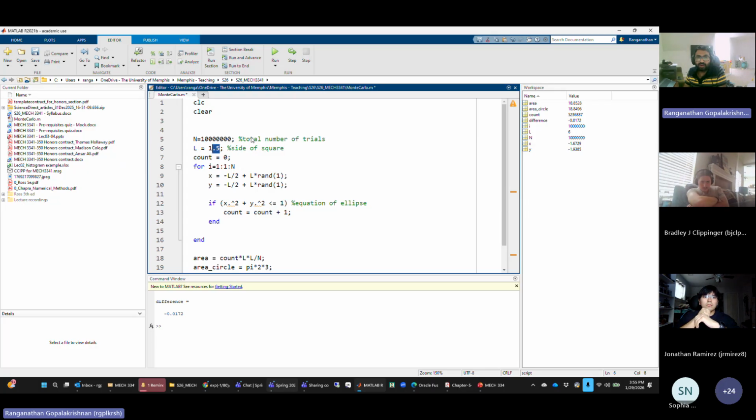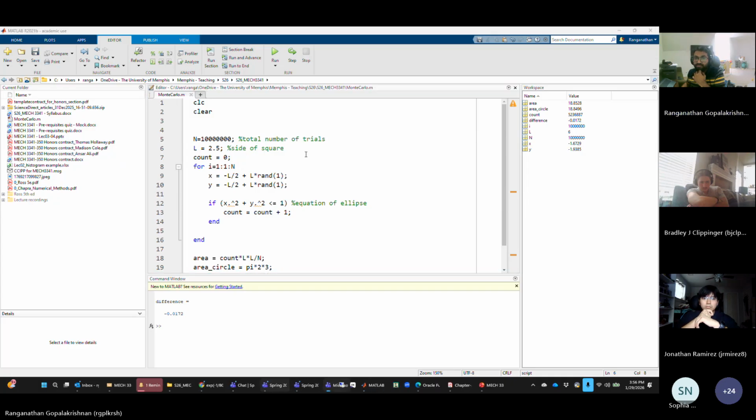Sorry, I should maybe draw a square of side 2.5, so that it runs from -1.25 to +1.25 in either direction. Let me annotate that here.